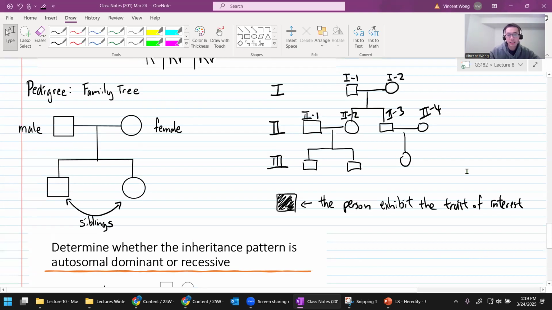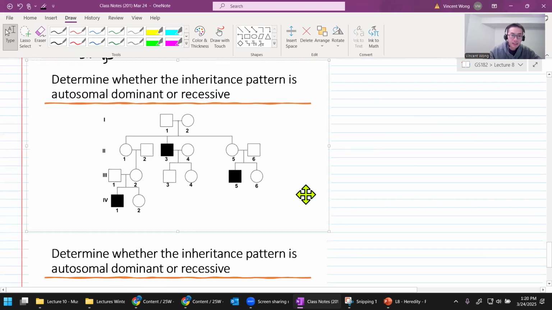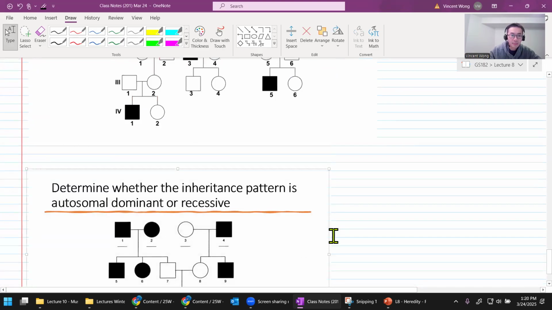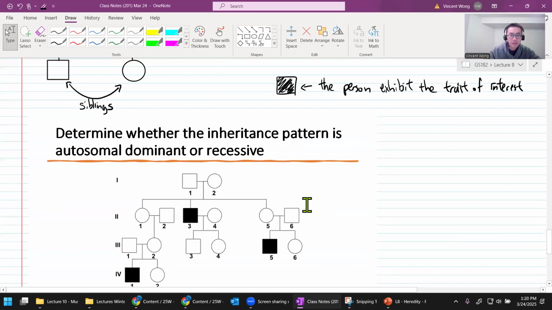And this next part can be confusing, so pay extra attention. This is a pedigree. Right here, we're looking at this one.